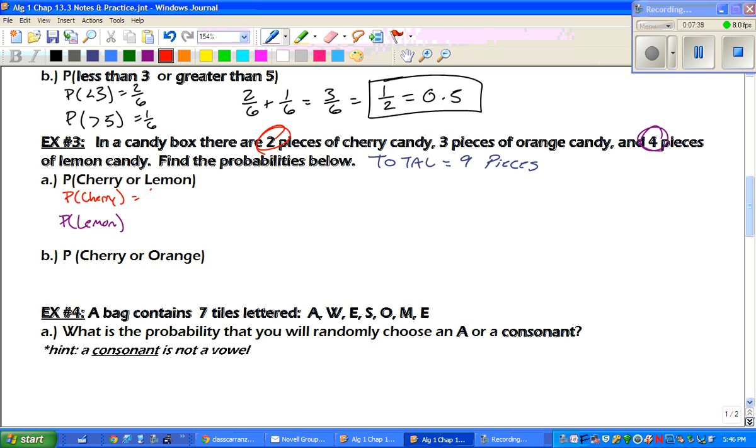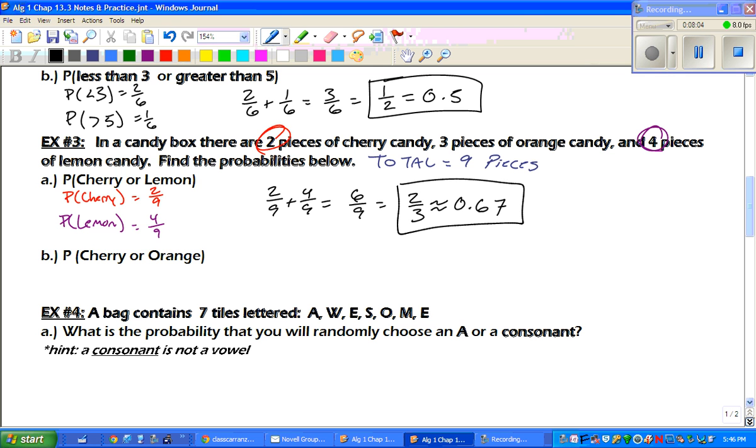So the probability of a cherry would be 2 out of 9. The probability of a lemon would be 4 out of 9. So when we add those up, 2 over 9 plus 4 over 9, we get 6 over 9. And you can actually reduce that to 2/3. And when you divide that out as a decimal, you get 0.67.